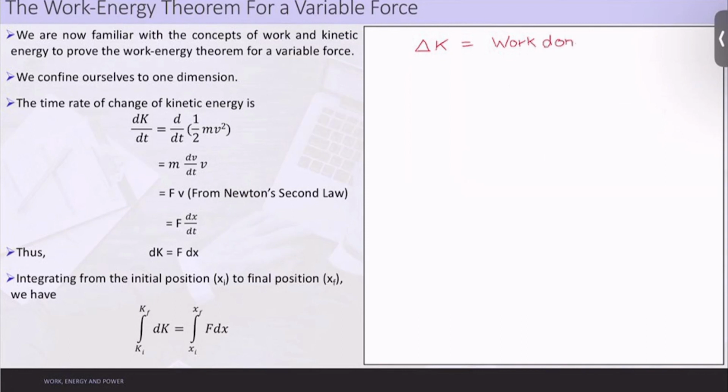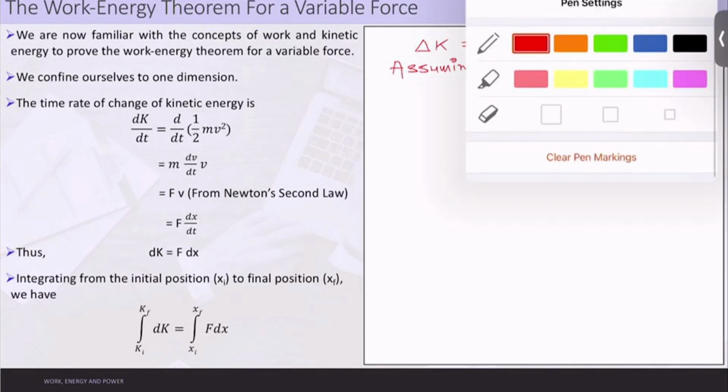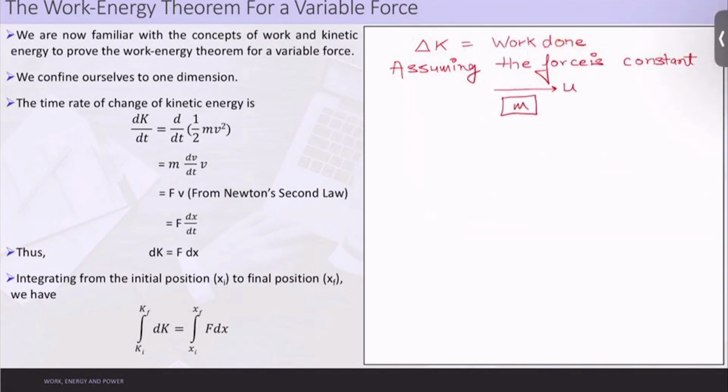Correct? So what was the previous discussion, where we assumed the force is constant? Let us assume that this is a mass m which is moving with the velocity v, or let us say the initial velocity is u. It covers this much displacement due to a force F which acted upon it, and finally it reached here, and after finally reaching here, it has a velocity v.